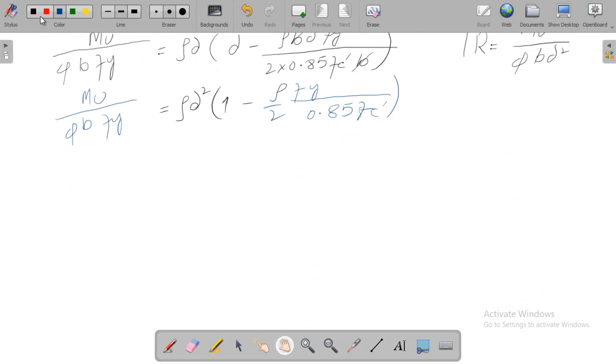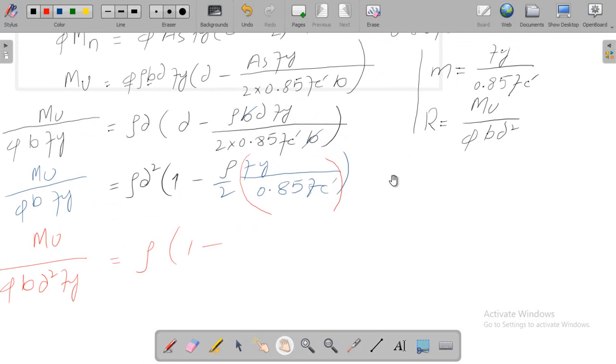So what we have further, on the left hand side, Mu divided by phi B, and shifting this D square to the left, we have D square Fy equals rho into 1 minus, now here we have this factor Fy 0.85 Fc prime, we already wrote down here that M equals Fy 0.85 Fc prime.